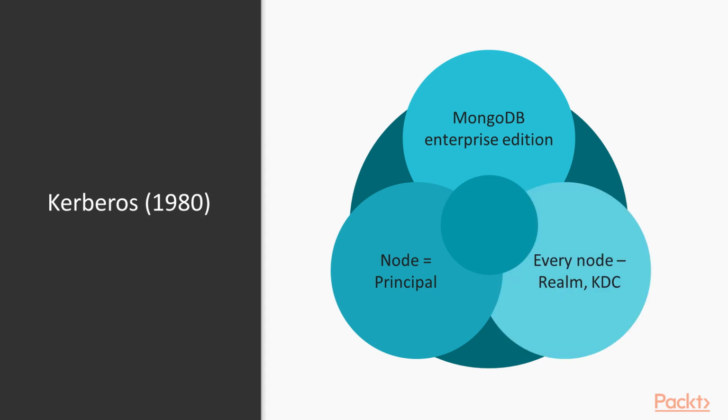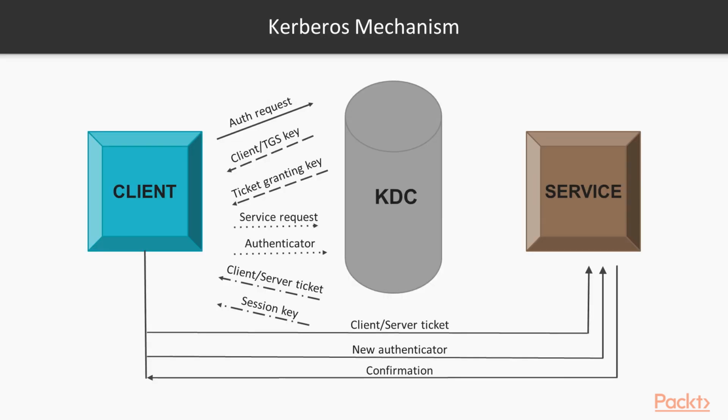Now, for better scalability and performance purposes, every principal has its own realm with a Kerberos key distribution center. This is really similar to a replica set in Mongo that has its own nodes and members. You can take a look at this illustration to understand how Kerberos works when an authentication request for a service is made by a client.